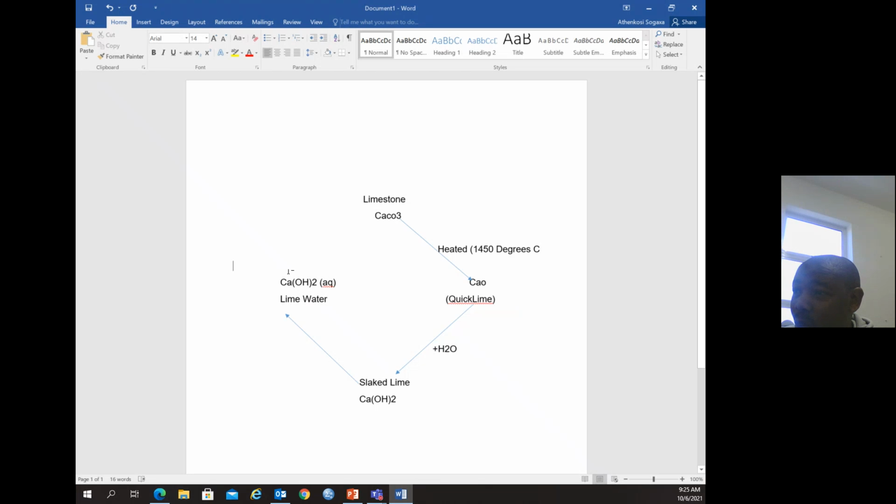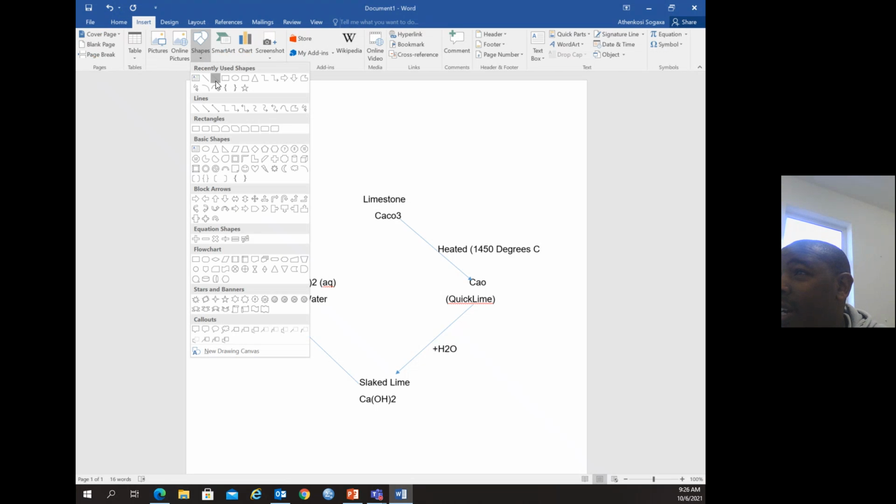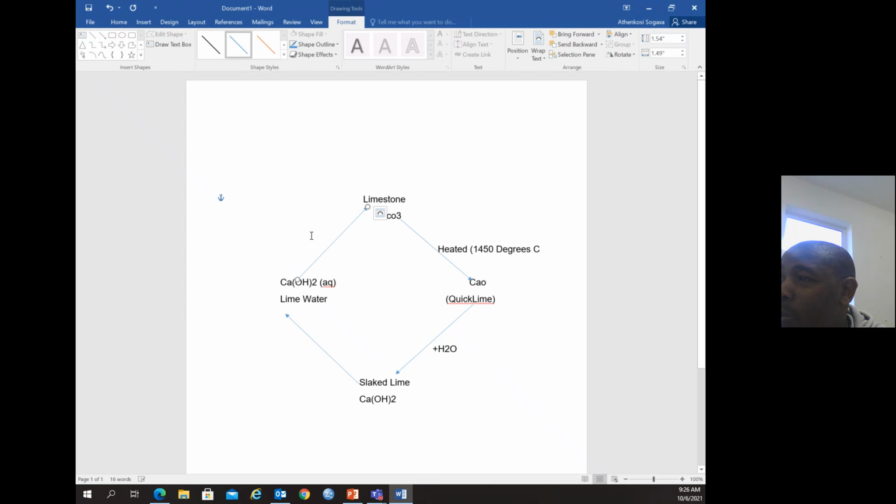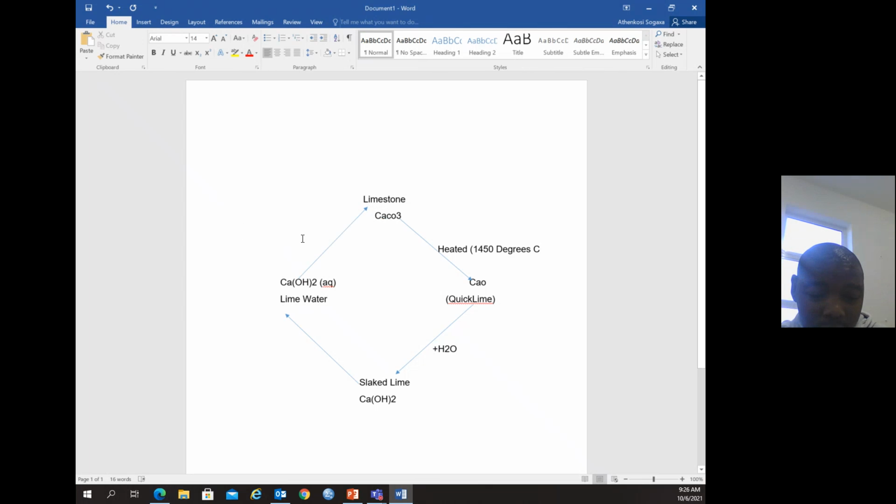So that's what you have. Then once you remove the water from this lime water, you get the limestone, because what happens when you remove water is called carbonation, which involves CO2.